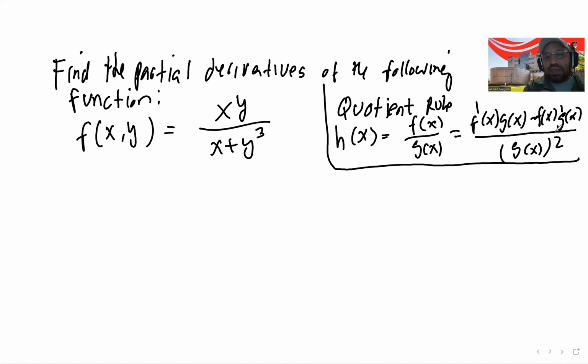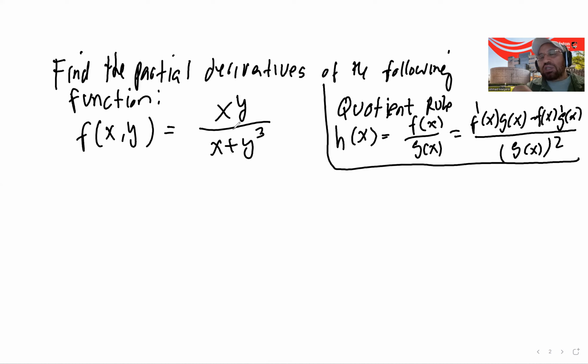So now, again, since we have x and y as two distinct arguments, two different inputs, think about it this way: we will have to take the partial derivative of this function first with respect to x, holding y constant, and then for the second time we take the derivative of this function with respect to y, holding x constant.